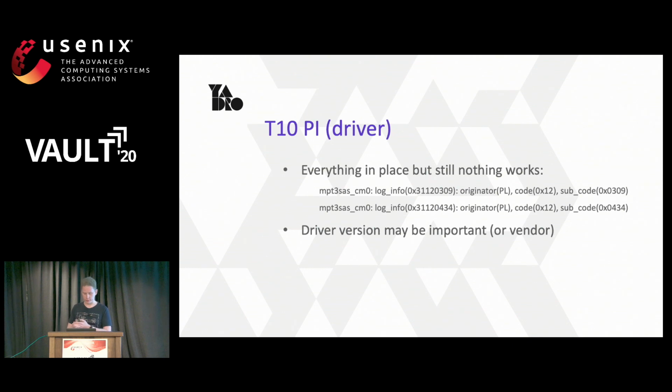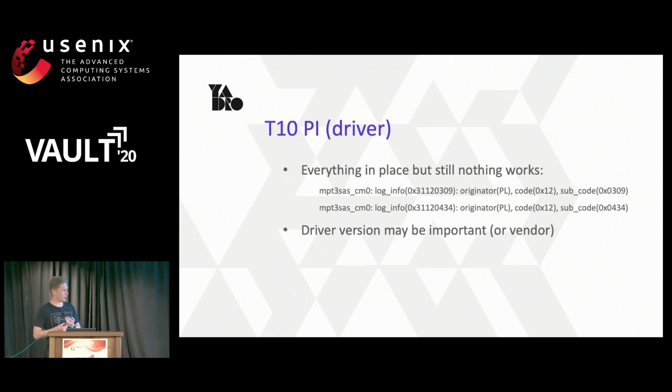Actually, everything was broken. After all this manipulation, we have an error on any request, read or write, from the HBA driver with some magic numbers that are not really descriptive. First we tried to update the driver with the latest version from the vendor, and it suddenly helped.